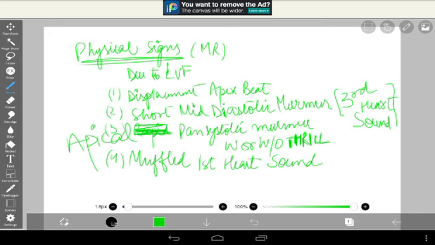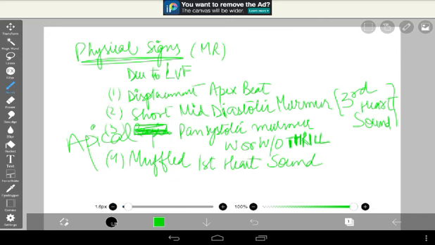This apical pansystolic murmur can be with or without a thrill, and it radiates to the axilla, so it depends. Along with this, we have incompetent closure of the valves, and due to that incomplete closure, we are going to listen to a muffled first heart sound. So that's the last point. These are the physical signs.